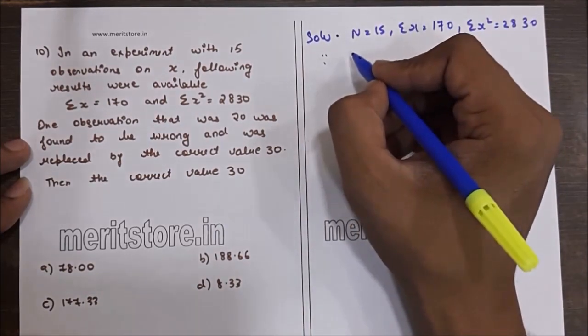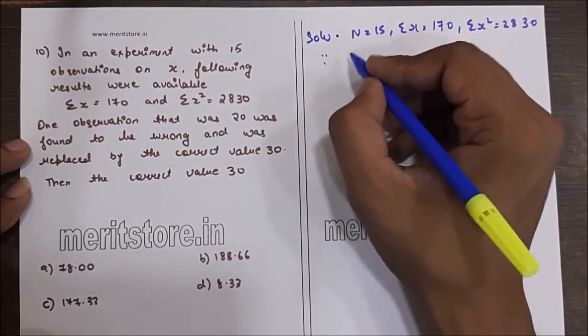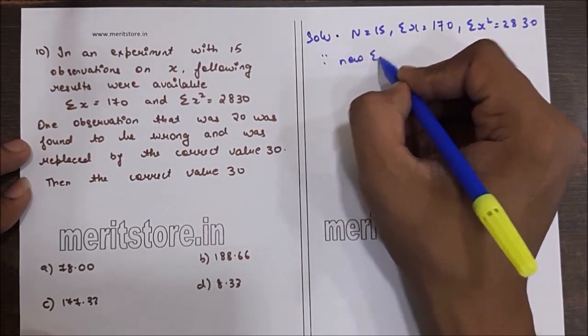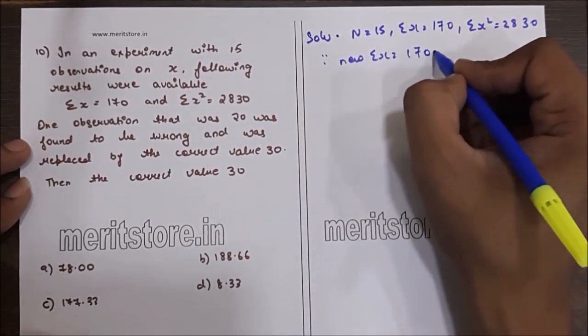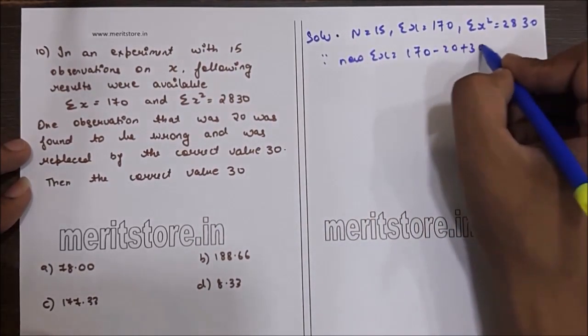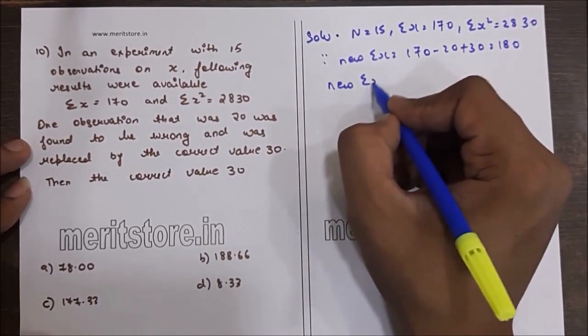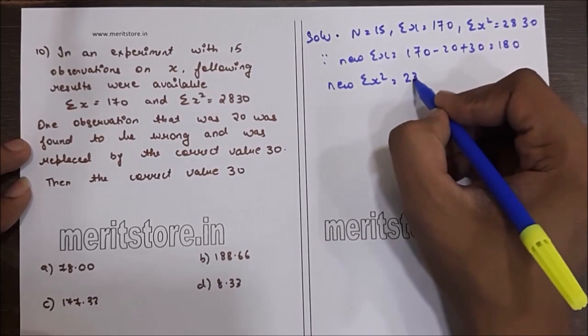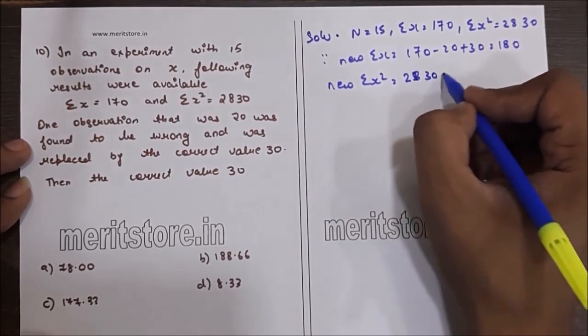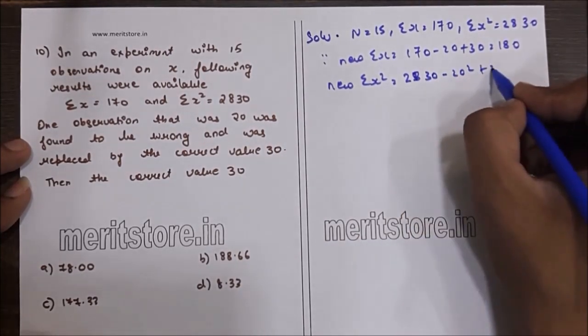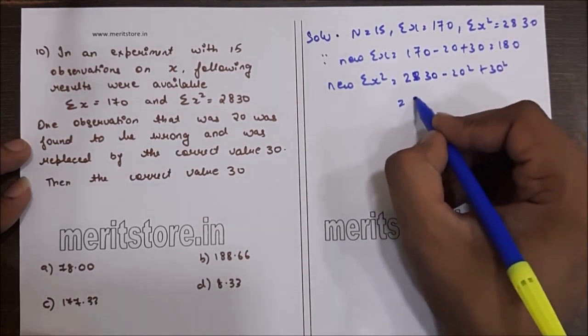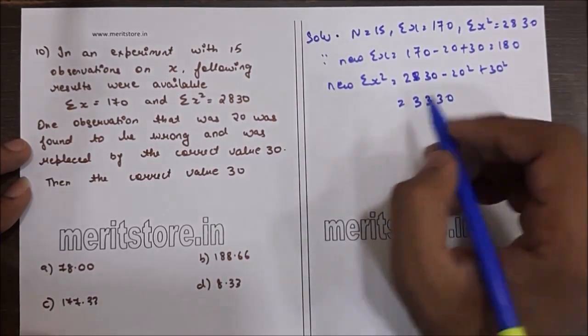Since 20 was replaced by 30, new summation x is equal to 170 minus 20 plus 30, which is equal to 180. New summation x square is equal to 2830 minus 20 square plus 30 square, which is equal to 3330.